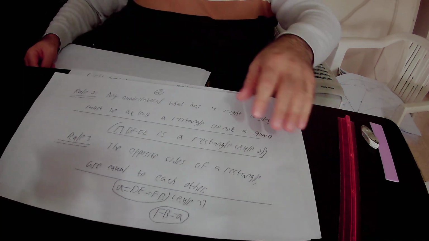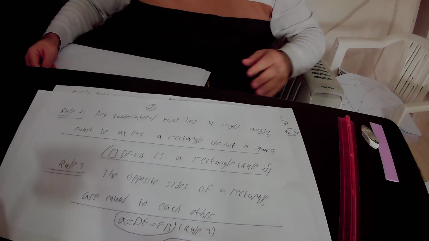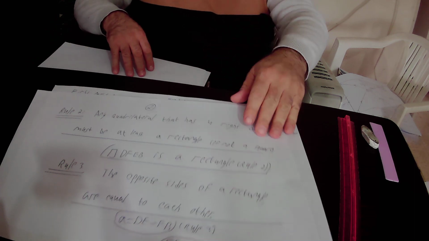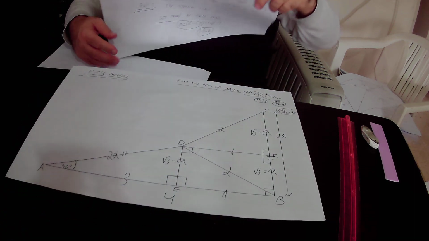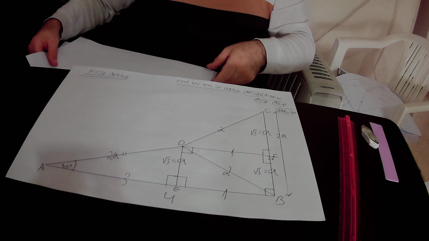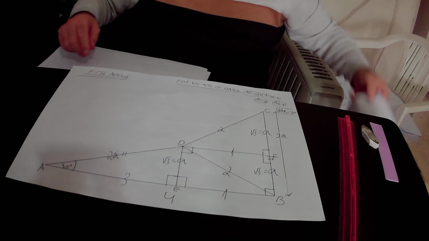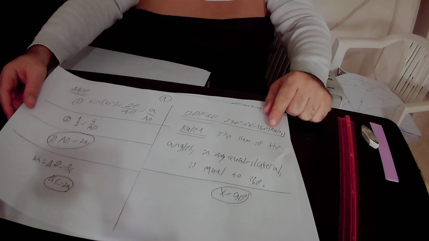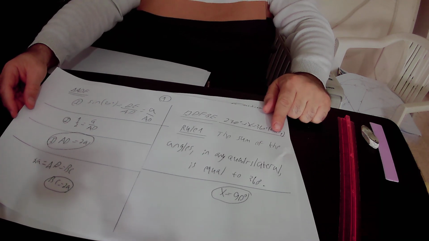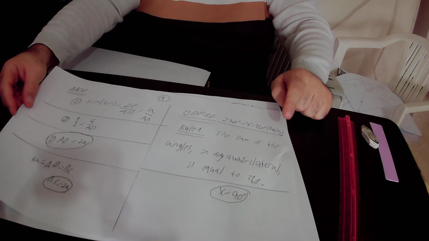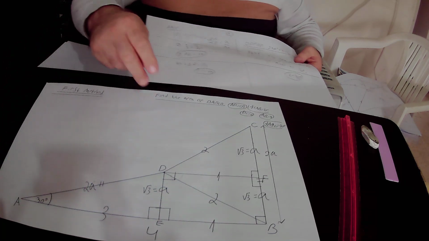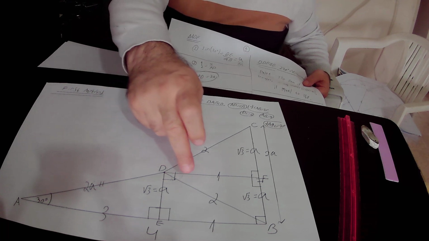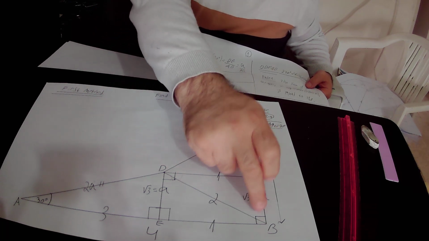And then I presented to you rule number 1. According to rule number 1, the sum of the angles in any quadrilateral is equal to 360 degrees. So if you focus on quadrilateral DFEB, it has 3 right angles, 1, 2, 3.